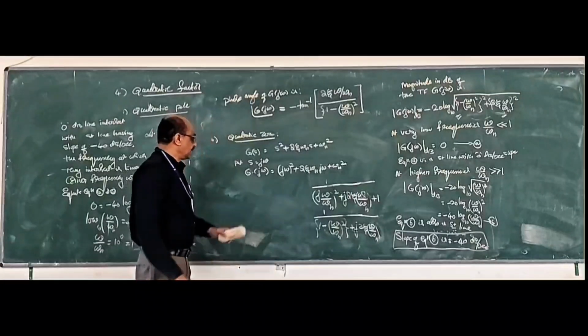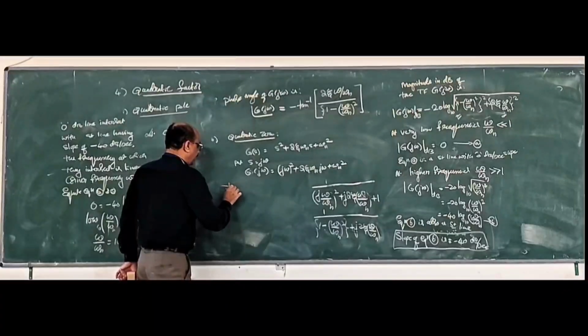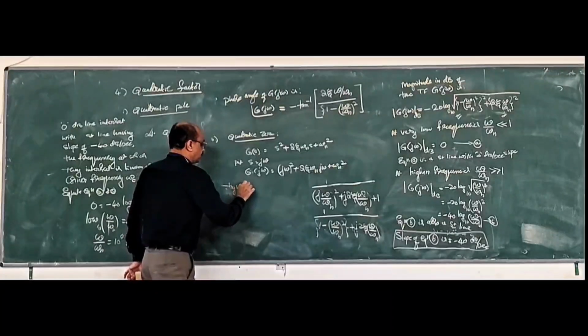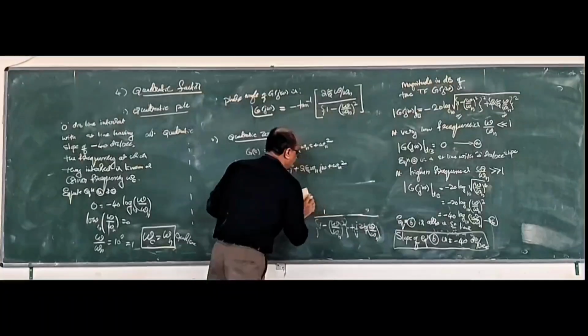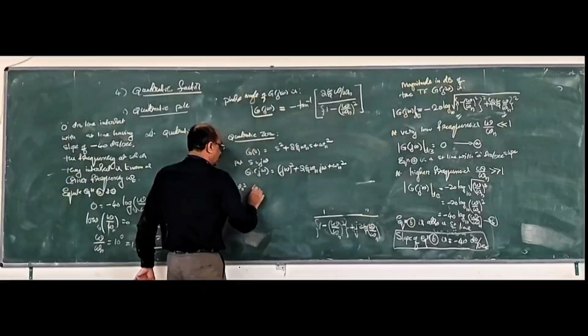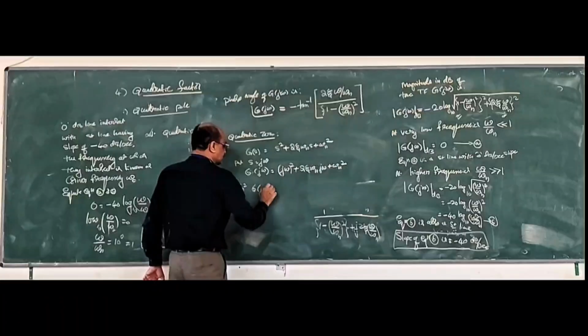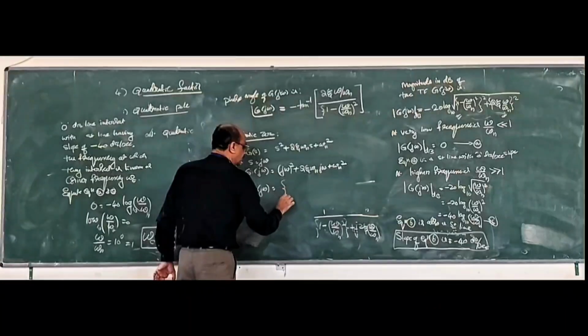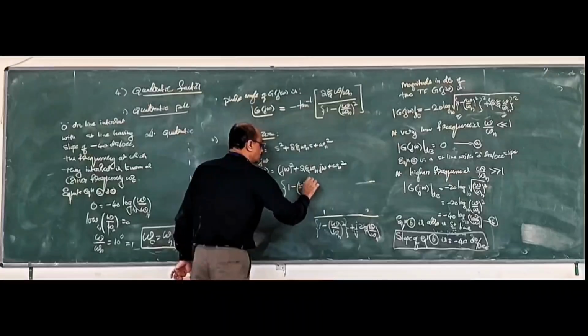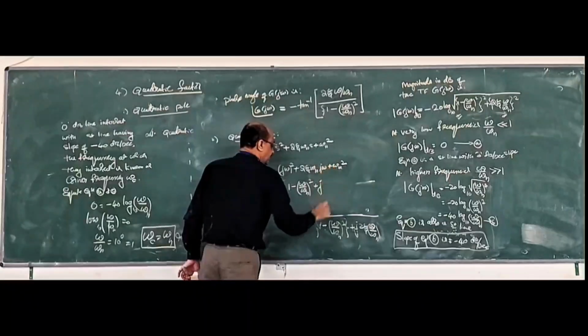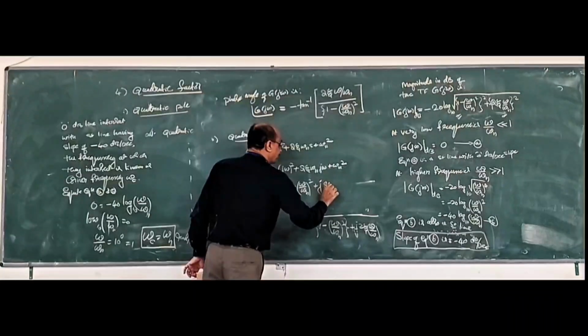Divide throughout by omega n square and we get this standard form: g of j omega is equal to, in the bracket, 1 minus omega by omega n whole square plus j 2 zeta omega by omega n.